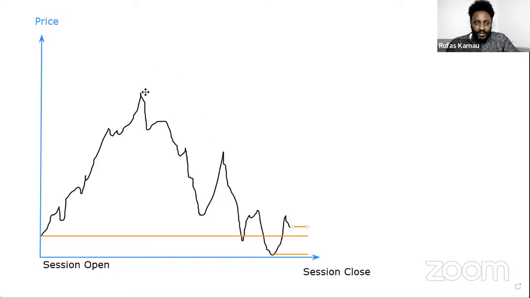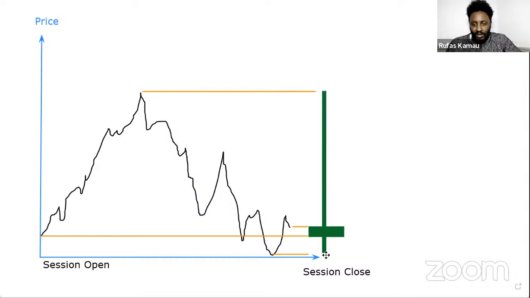That's the closing price, and this is the highest price. Of course, the closing price is higher than the opening price, so we have a green body, or a green candlestick. You'd have a solid body showing the difference between the opening and the closing price. Then you'd have your tail extending from the lowest price to the highest price. Try to center this, and the candlestick will look like this.